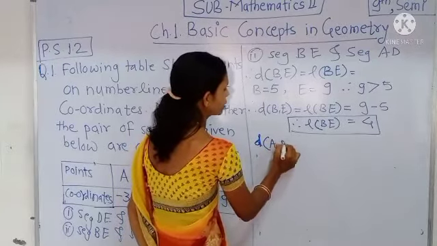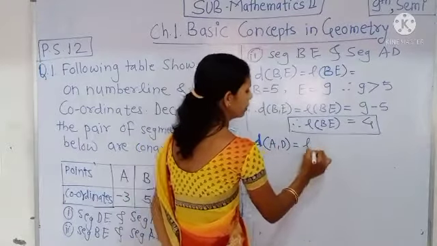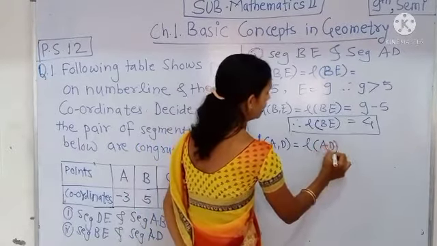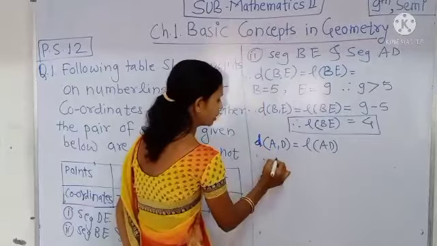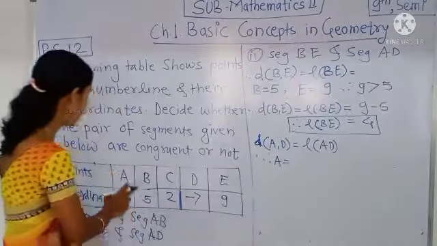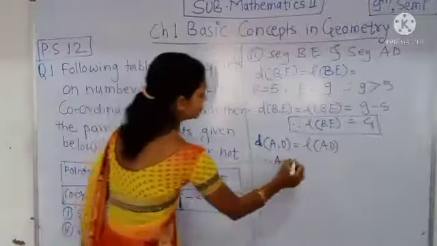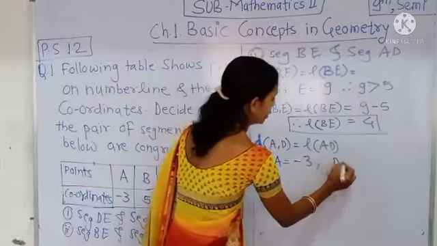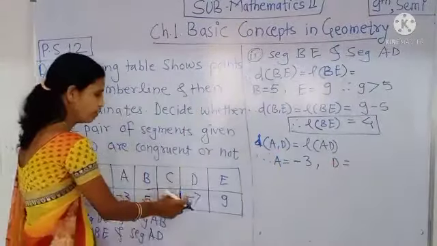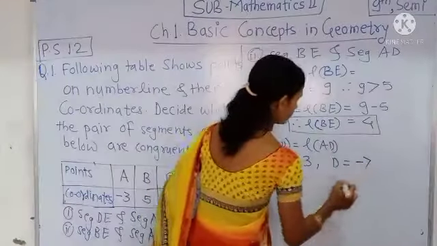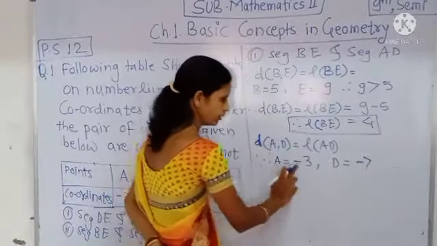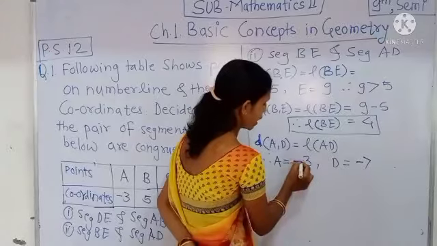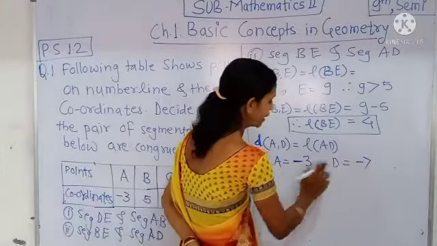Similarly, we can determine the length of AD. Therefore, distance between A and D point, that is the length of AD. Here the coordinate of A is -3 and coordinate of D is -7. See here, the sign of both numbers are negative.